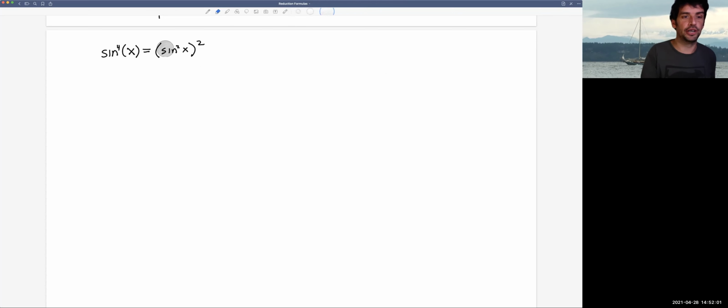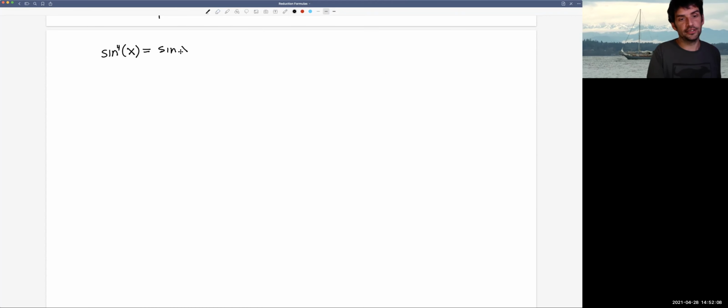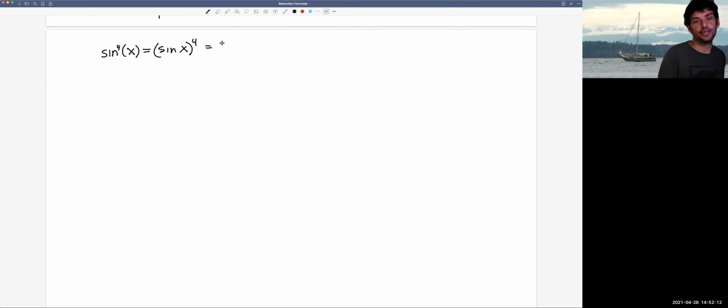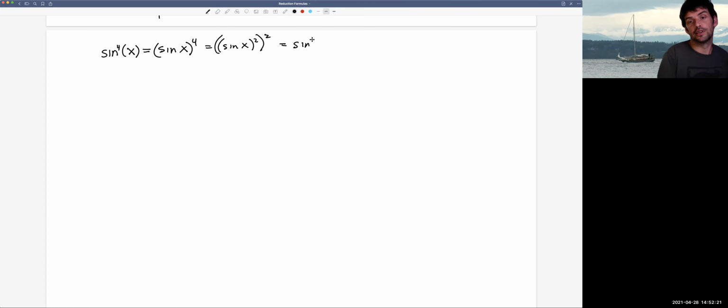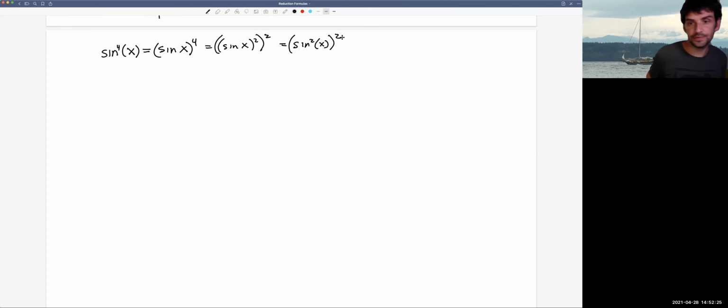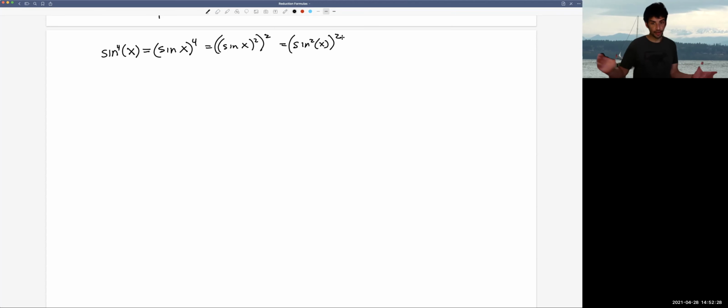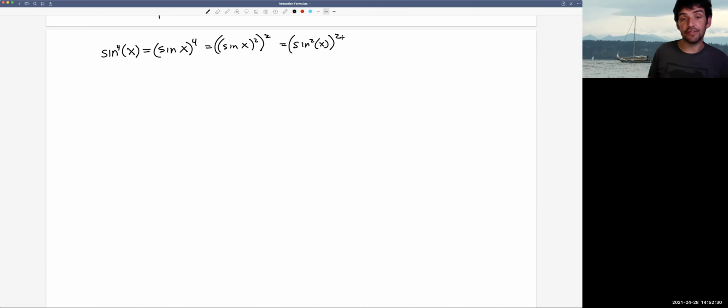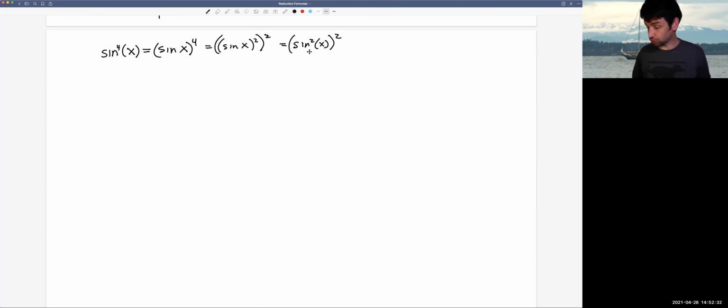Let me put in an extra step here, just because this notation is often very bad. Remember what sine to the 4th power x really means is this, which means we can write this as, that's rules of exponents, sine squared of x, squared.